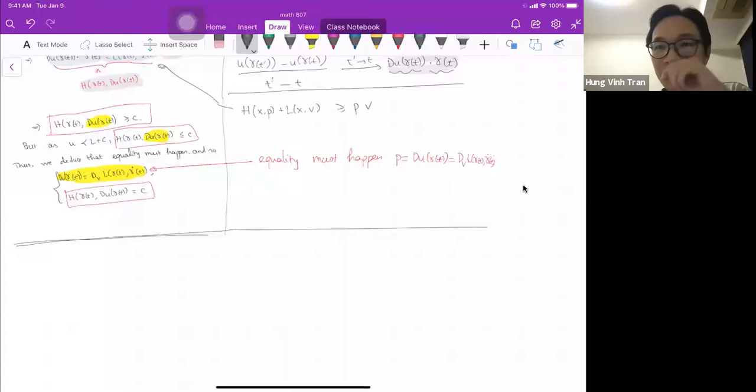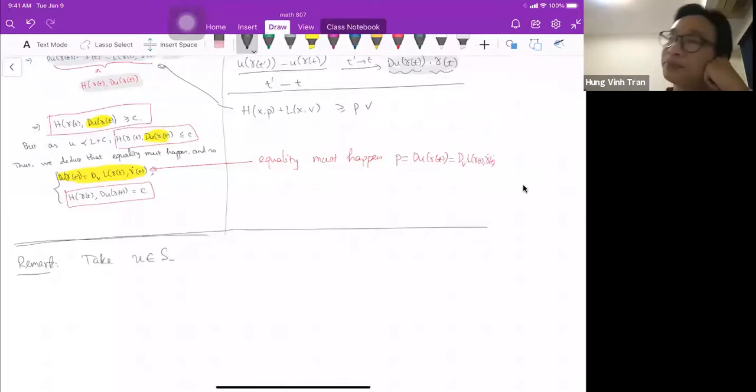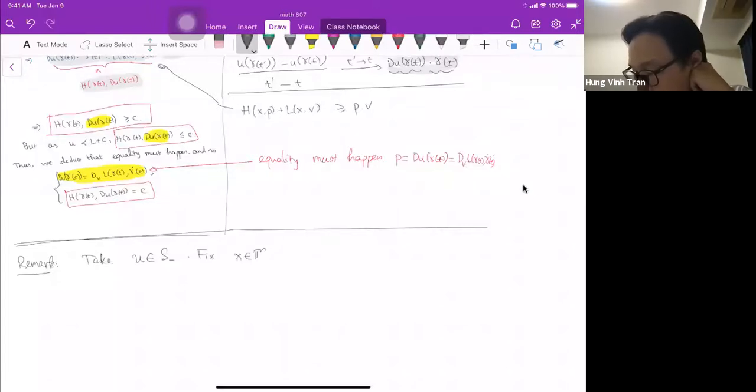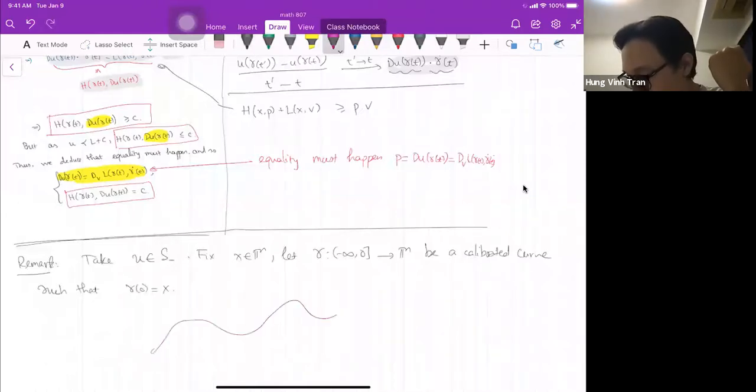This is just purely speculation at this moment, so remark. Take U to be a viscosity solution of negative type, and fix an x in the torus, and let gamma mapping from -infinity to 0 into Tn be a calibrated curve such that gamma 0 equals x.